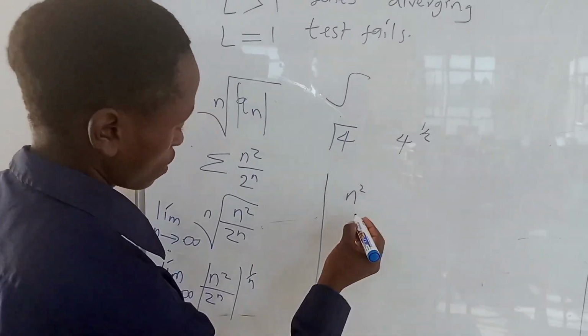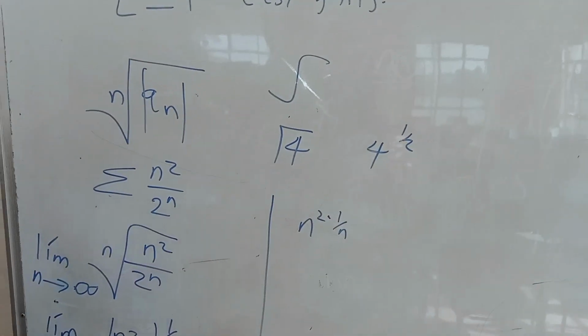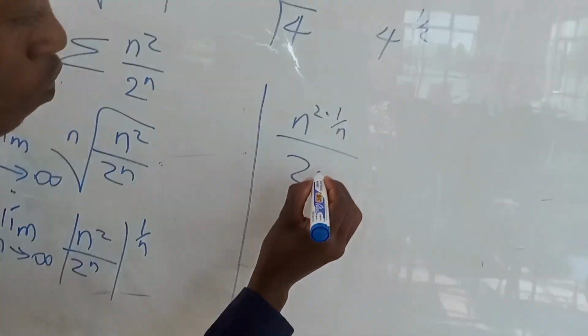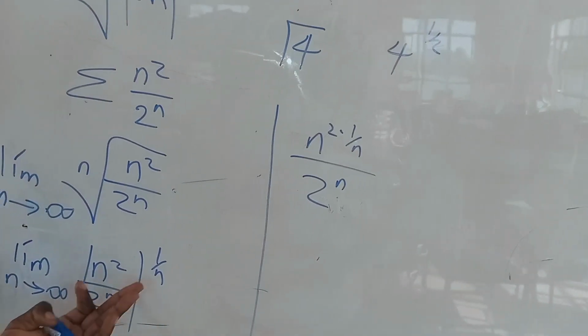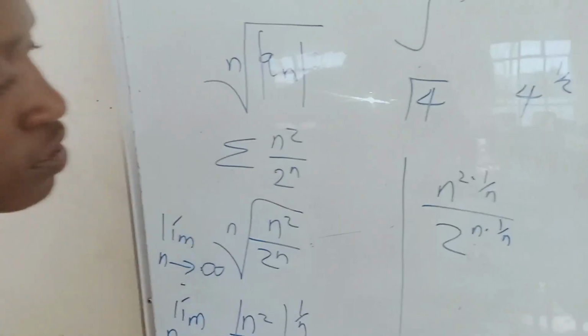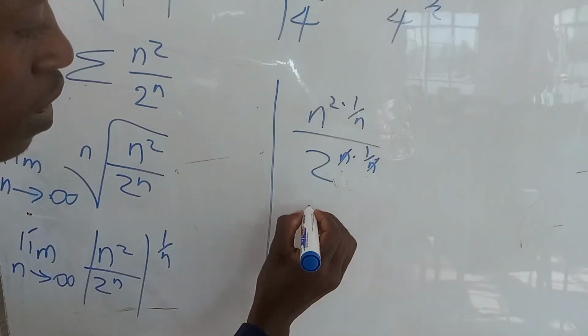So this one cancels with this, and you get the limit as n approaches infinity of n power 2 over n, all over 2. Remember, the n has cancelled with the other n.